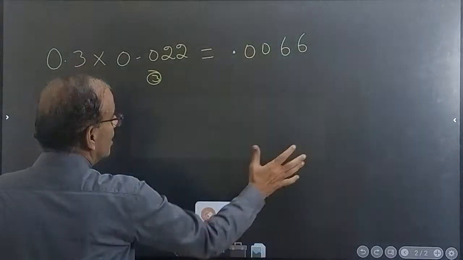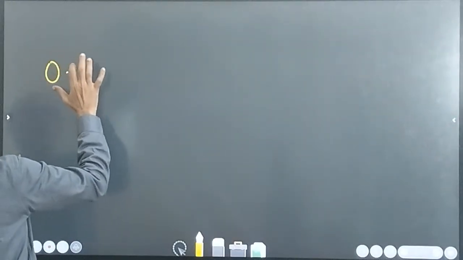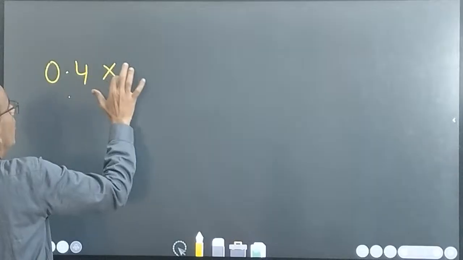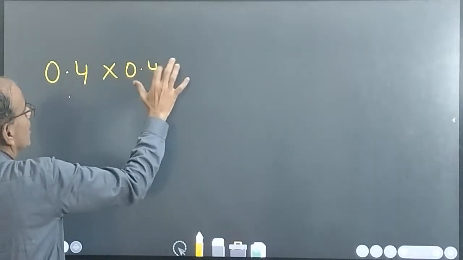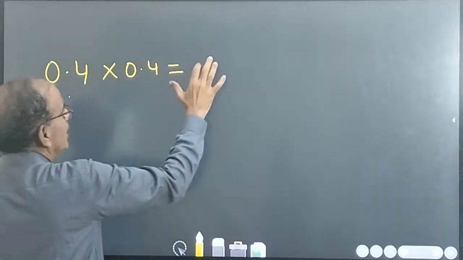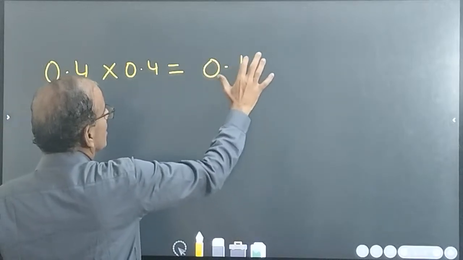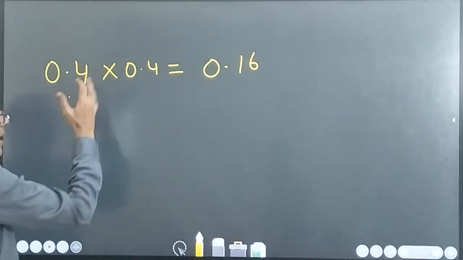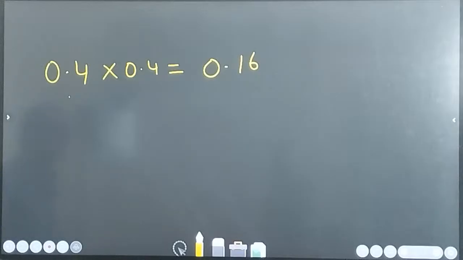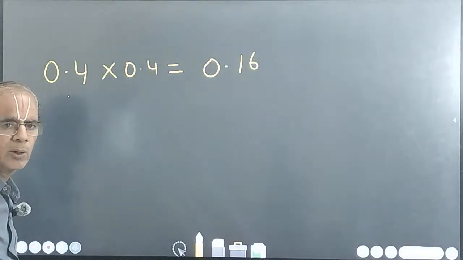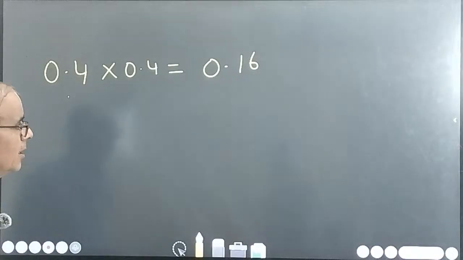Now, we'll combine this with square roots also. Suppose 0.4 into 0.4. How much is it? 0.16. Because after the dot, how many digits? 1 digit. After the dot, how many digits? 1 digit. 1 plus 1, 2 digits. This is for a square because it is the same number.